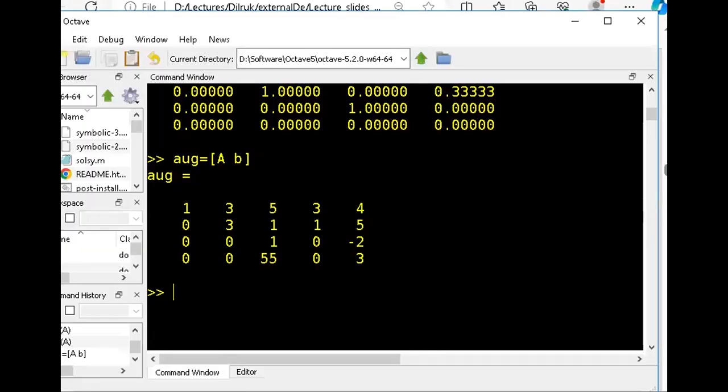What is the other row operation? You can multiply any row by a constant, by a scalar. You can scale any row.